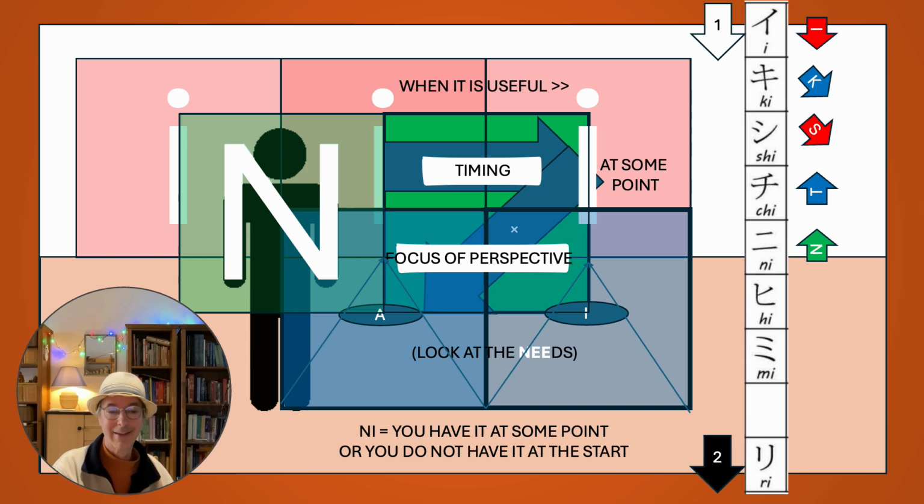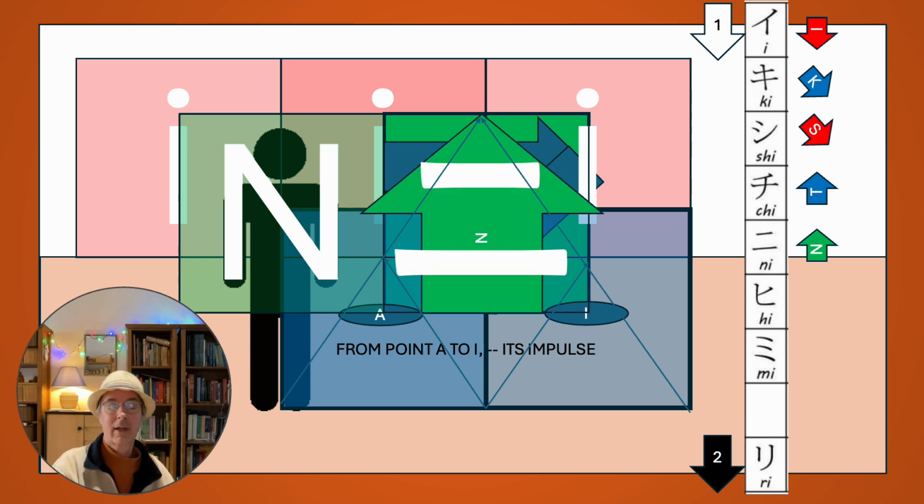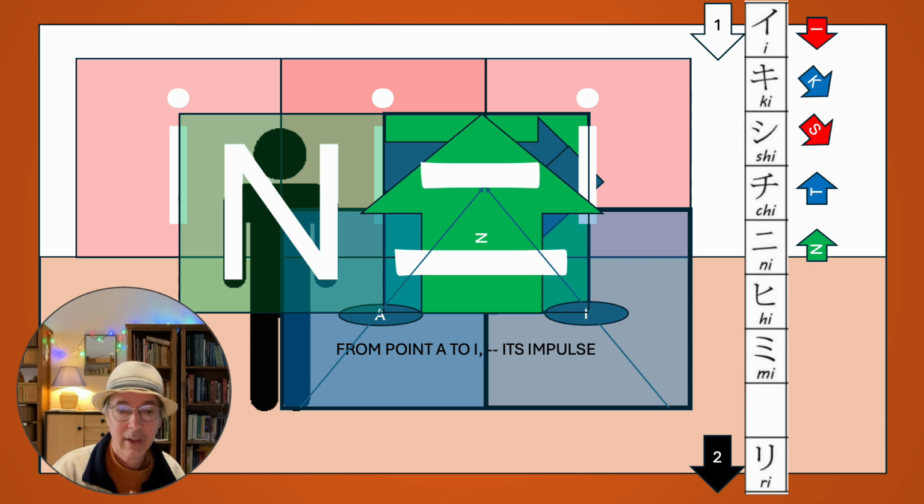We look at the needs, and that's the way we look at it. We see if we can use it from point A to I. How do we sense it? Do we need it? And when do we need it? This is actually one focus of application.